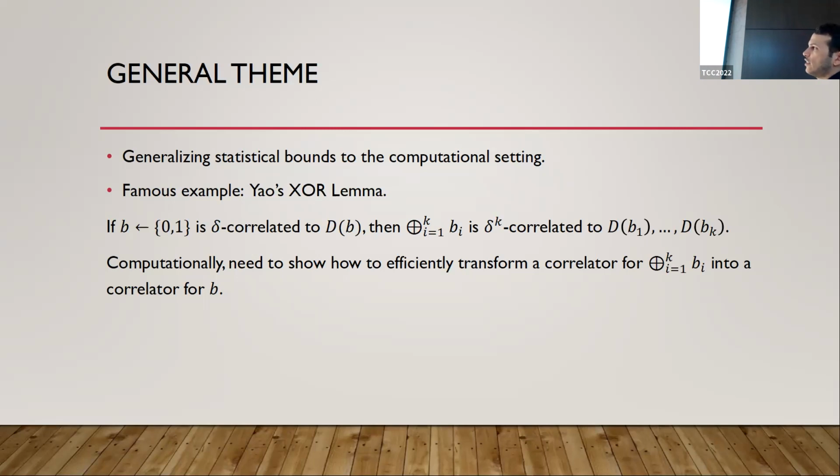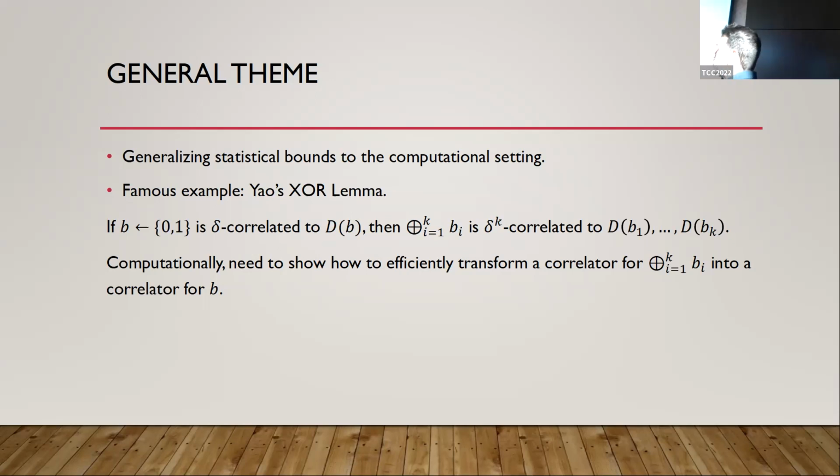If I have this, then once I repeat it k times, giving him k independent samples and asking him to correlate it back to the XOR of the bits, his ability to do this will decrease exponentially in k, to delta to the k. This holds statistically, and it's not very hard to show using the definition of statistical distance, but computationally, it's more involved because we actually need a constructive proof.